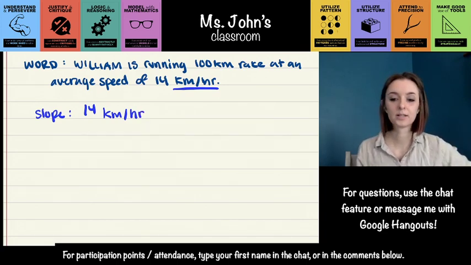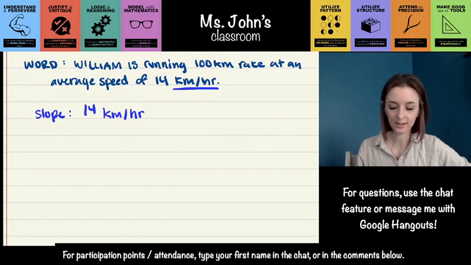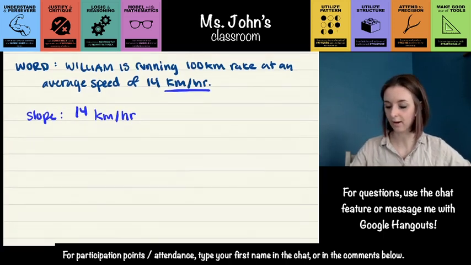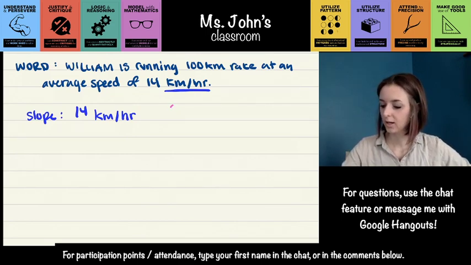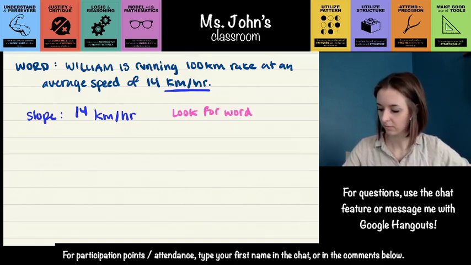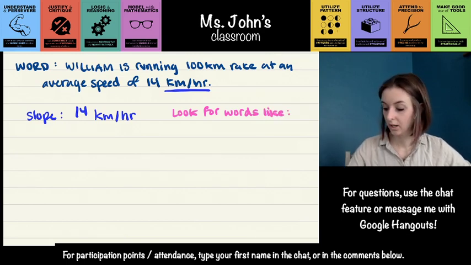So some other words to look out for, if it helps you in looking for the slope. Look for words like, often you will see the word per.